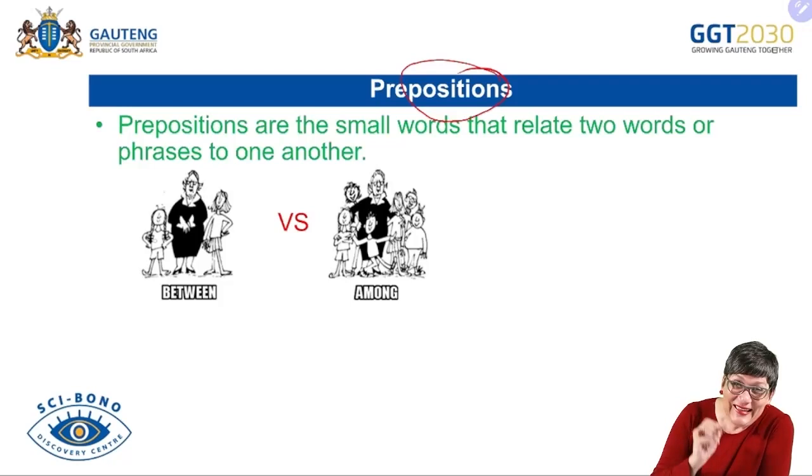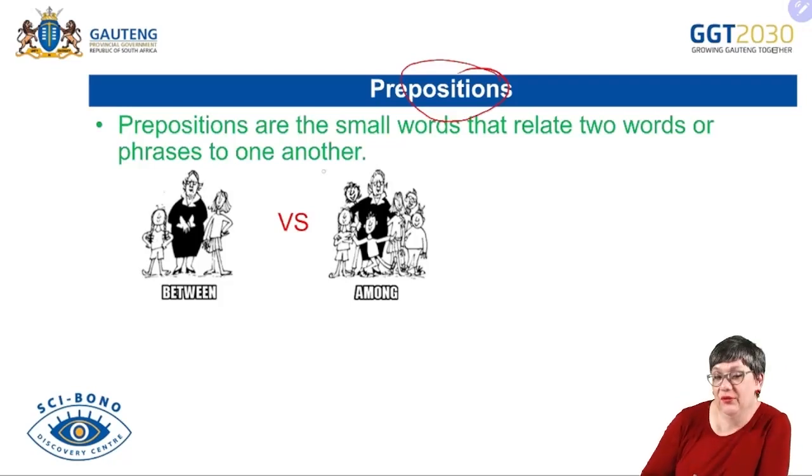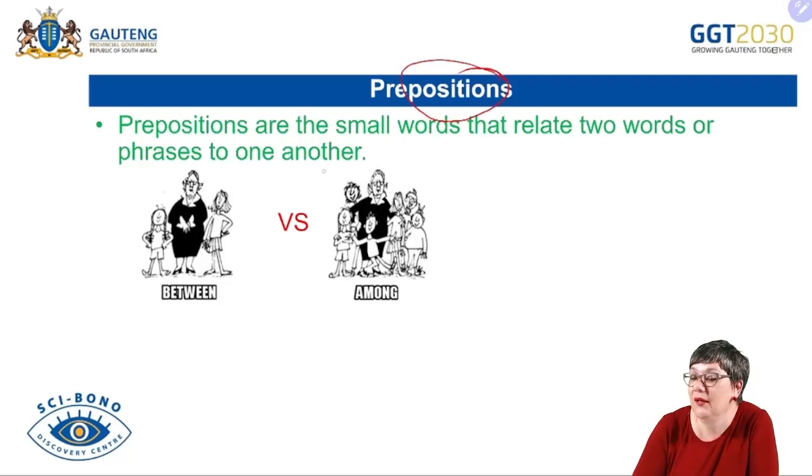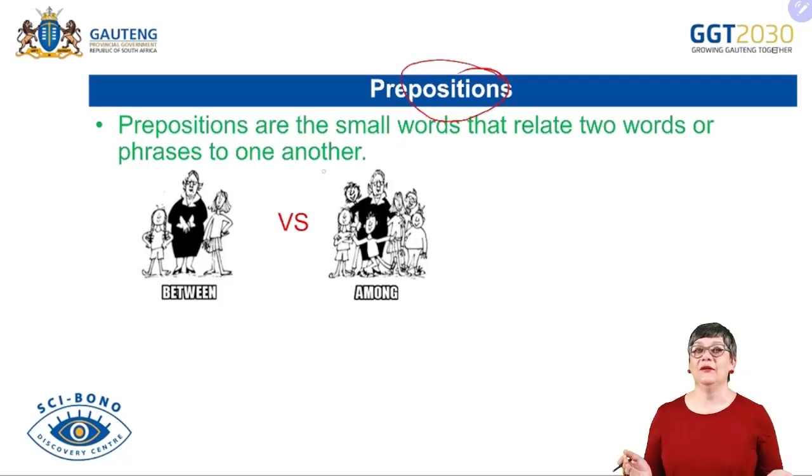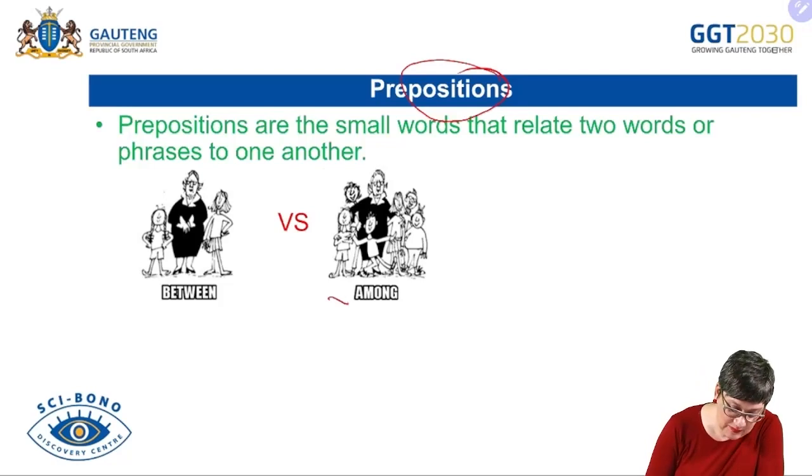But if there are a lot of people, as in the second picture, we can't say between them because between refers to two. Now we say among. So be careful for this one, hey? Tricky one. Between and among. Between is between two people, among more than two.